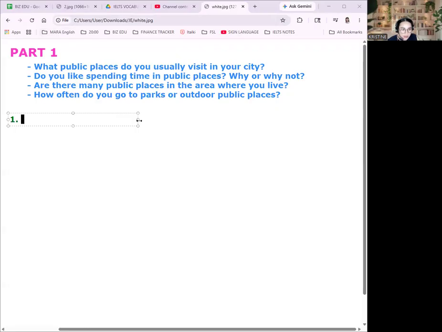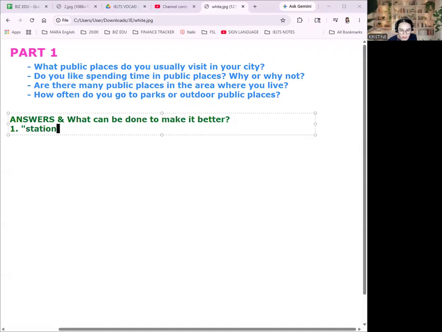Let's talk about your answers here and what can be done to make them better. Let's note them by each question. For number one, let's highlight that you can talk about the stations, like the bus station and the railway station.